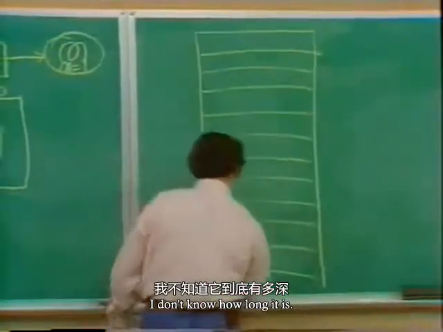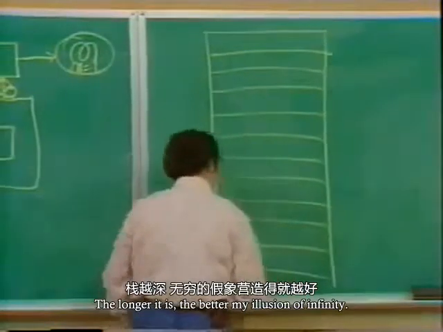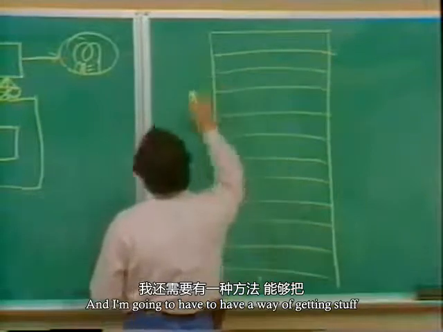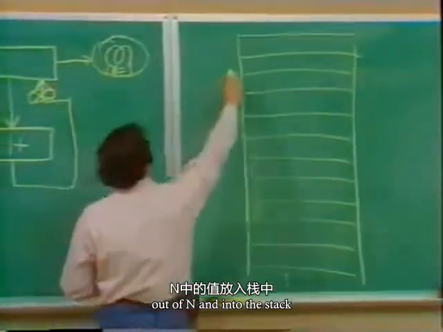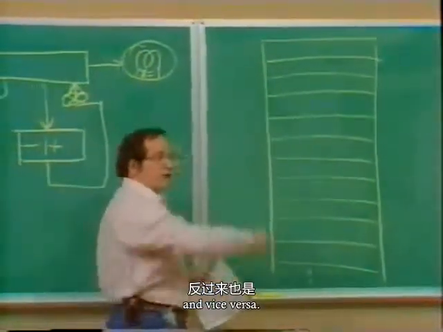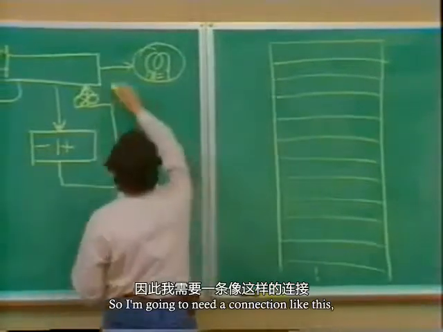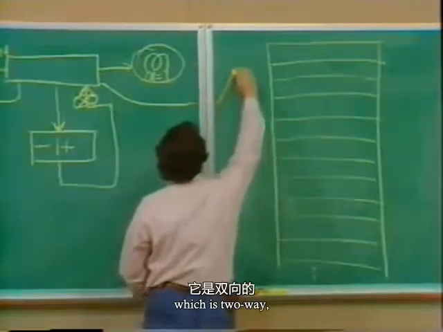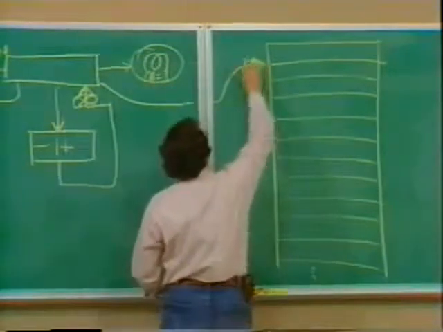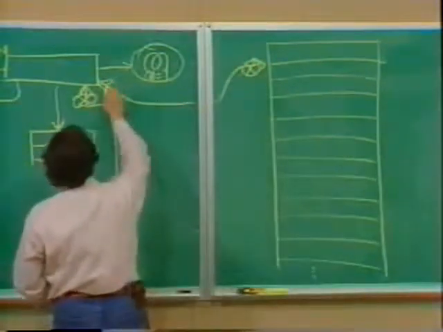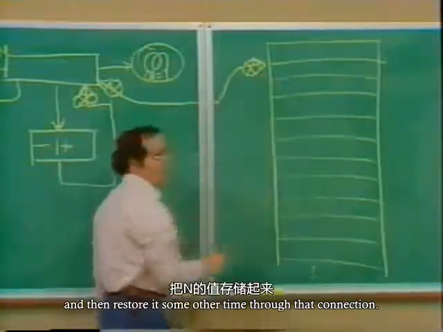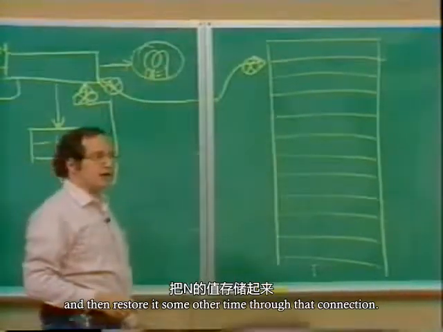I don't know how long it is. The longer it is, the better my illusion of infinity. And I'm going to have a way of getting stuff out of n and into the stack, and vice versa. So I'm going to need a connection like this, which is 2a, whereby I can save a value of n and then restore it some other time through that connection.